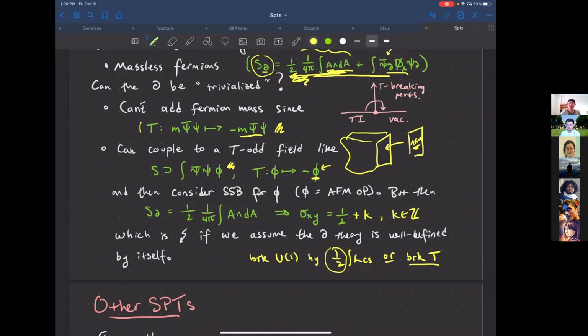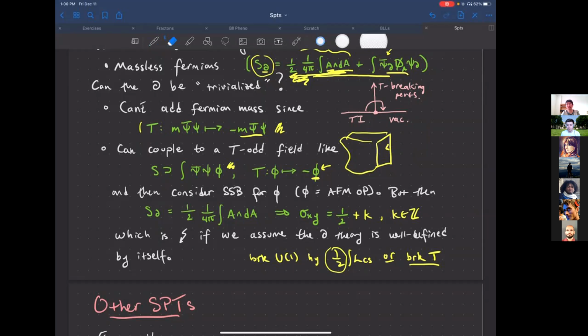So maybe to add on what Dan was saying, I should emphasize that the S in the SPT is really a symmetry of the whole system, not just of the bulk.